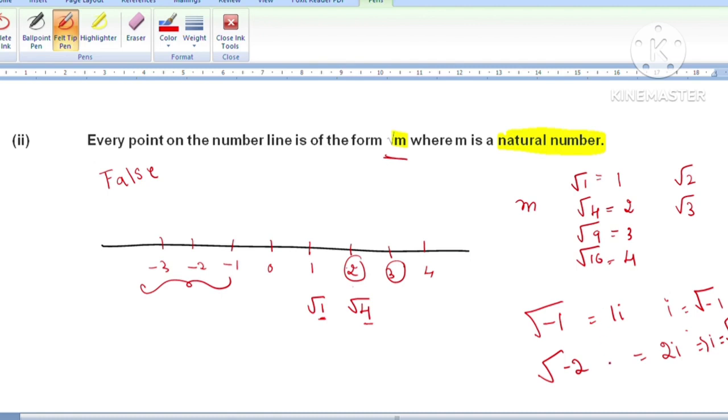So here also inside this square root we are not getting a natural number, that is a negative integer. So this statement is false.